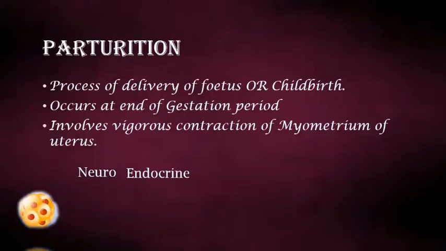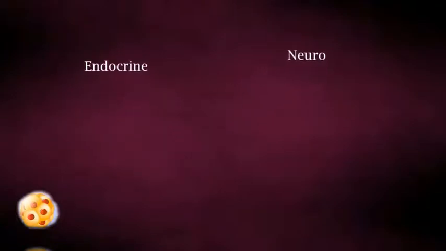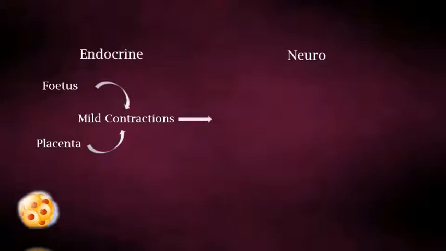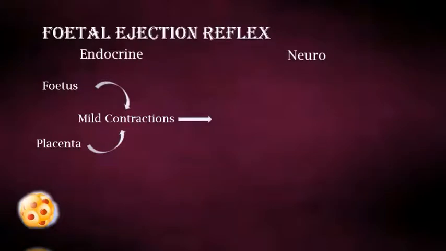Now let's start to understand the neuroendocrine mechanism. The mature fetus and the placenta together induce mild contractions in the myometrium. These mild contractions ultimately result in parturition or the ejection of the fetus from the mother's body. So, these mild contractions are also known as the fetal ejection reflex. This originates from the fetus itself, and that is why it is known as the fetal ejection reflex.